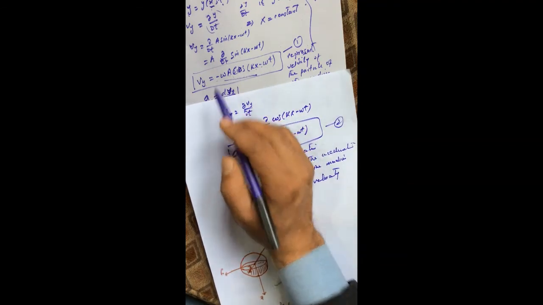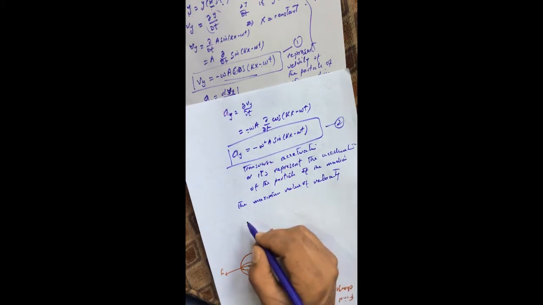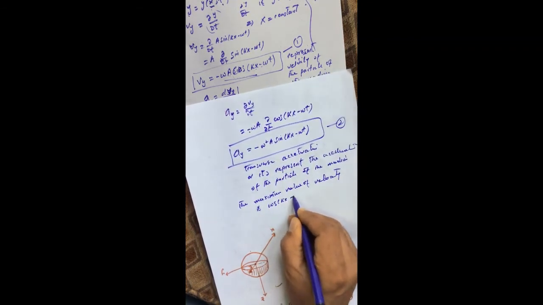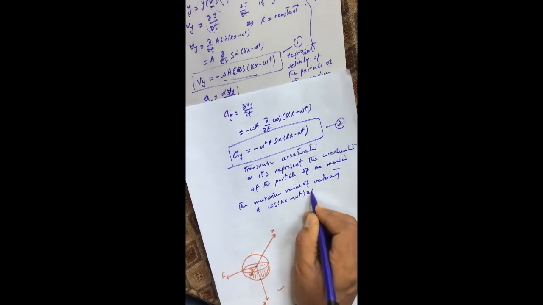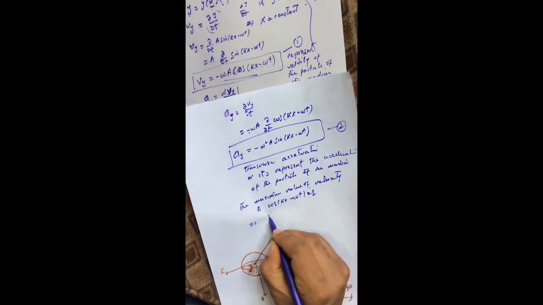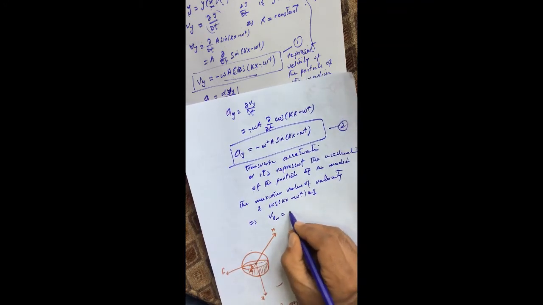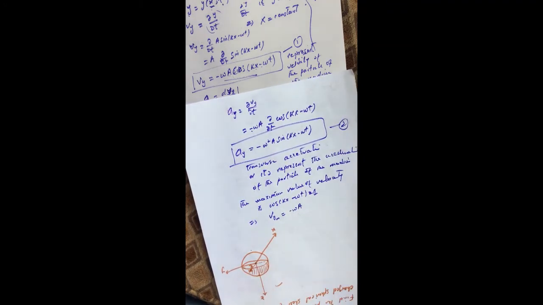So the velocity will be maximum if cos(kx minus omega t) is equal to 1. This implies that the maximum velocity vym is omega a.